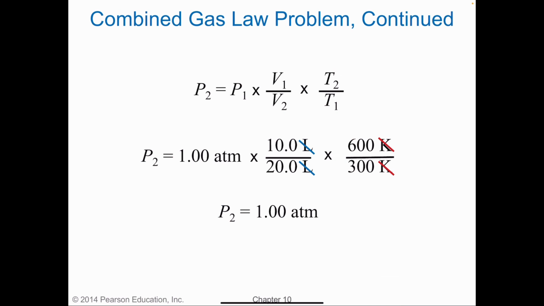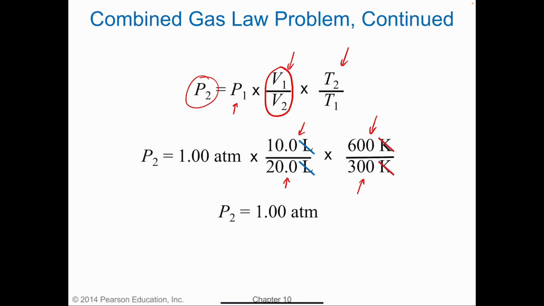So this is the setup that we want. In that problem, they talked about the temperature changing and the volume changing, and we were given an initial pressure, and we have to solve for the final pressure. Sorting out which variable is which, the volume changed from 10 to 20. The temperature changed from 300 to 600, and notice that they're different. Like here, V1, V2, the V1 is on top, the V2 is on the bottom.